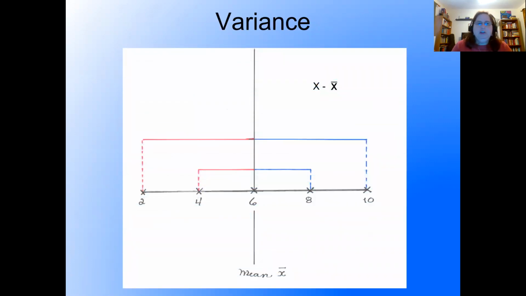So let's work that through using an example. Let's take a set of 5 numbers, and the numbers will be 2, 4, 6, 8, 10. Very first thing we want to do before anything else is get the mean, because we're going to look at distances from the mean. So if I add up 2, 4, 6, 8, and 10, I would get 30.